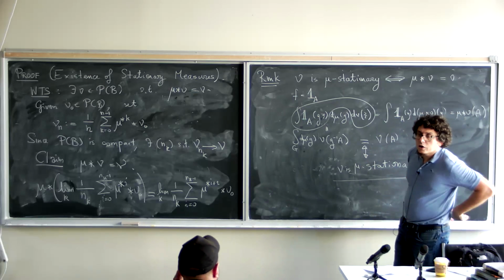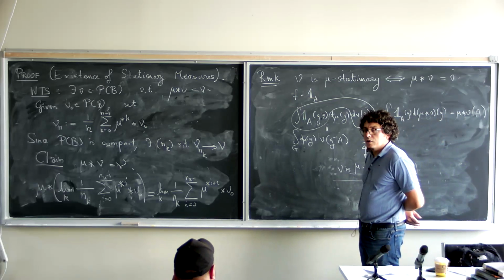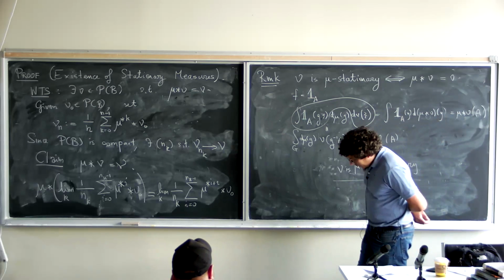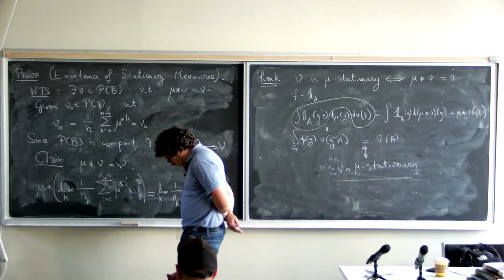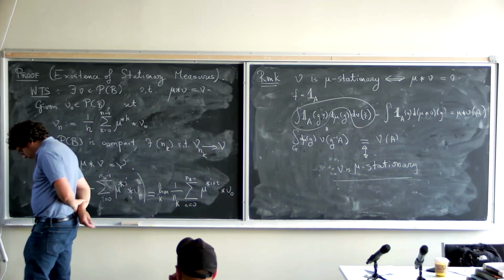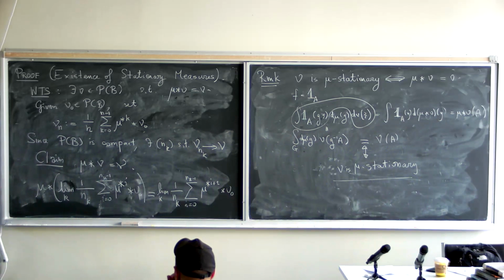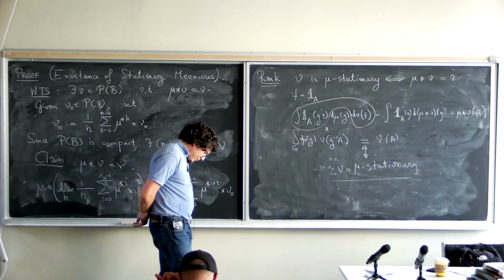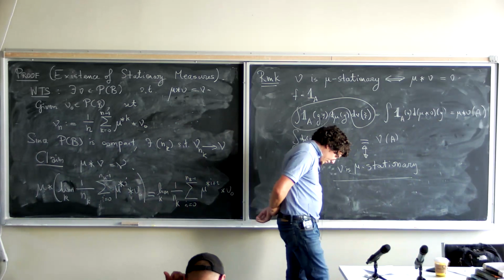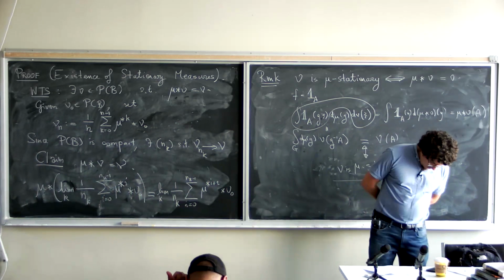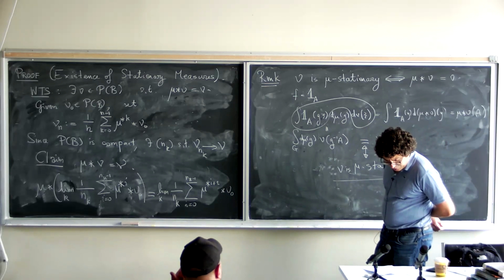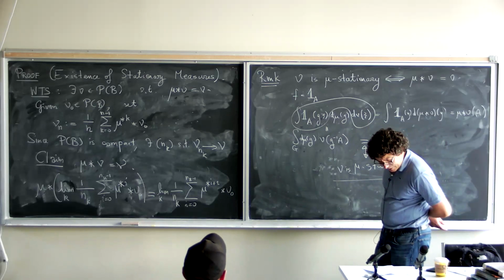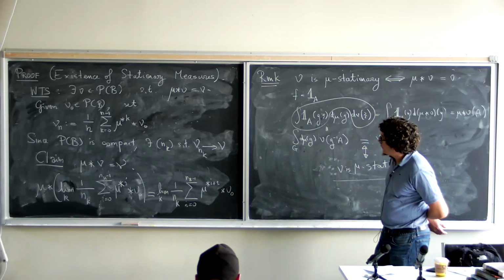Can you also construct harmonic functions as fixed points of certain operators in a similar way? This is a good question. In principle, I can see that, but I have not seen it.